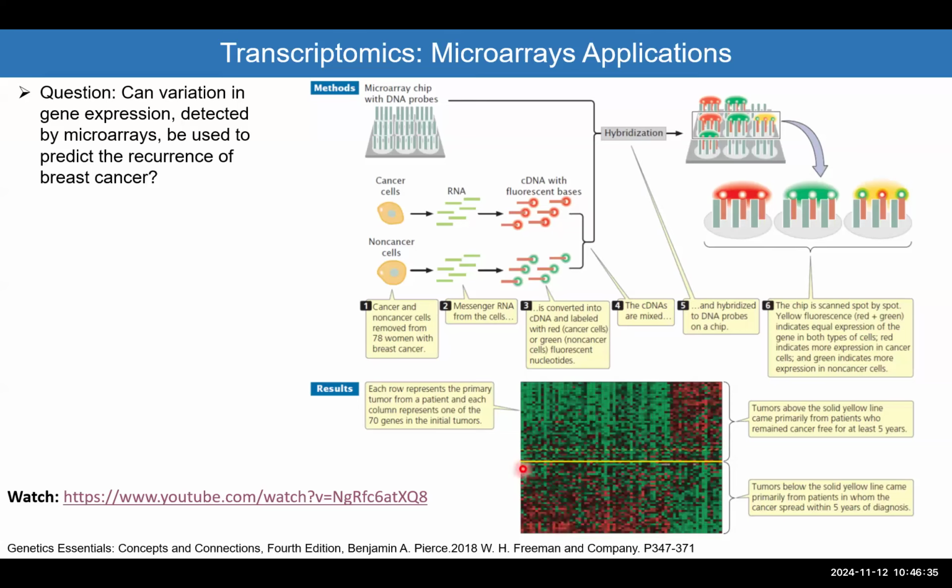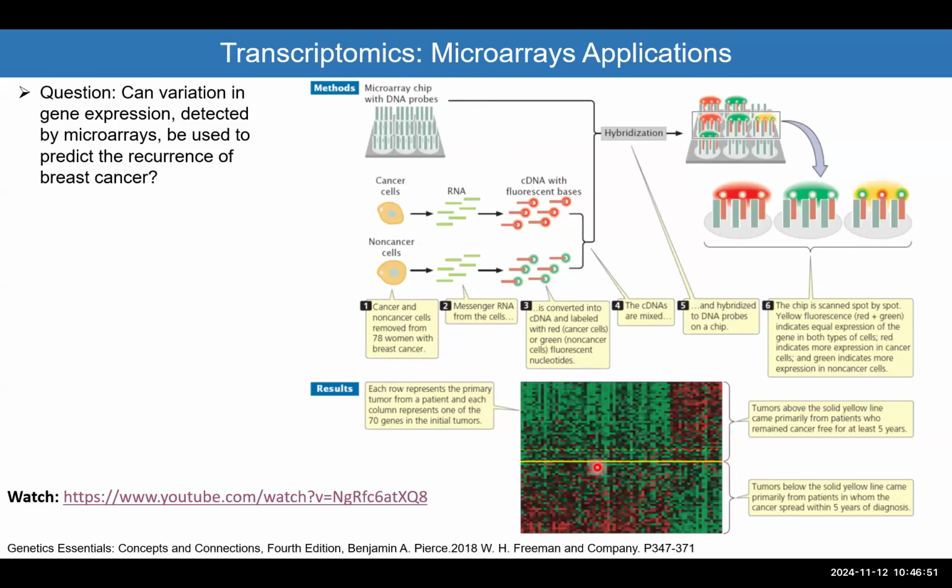So simply speaking, they took a cancer cell from those patients, compared it to normal cells, and ran those. And obviously, you can see there are two different populations.